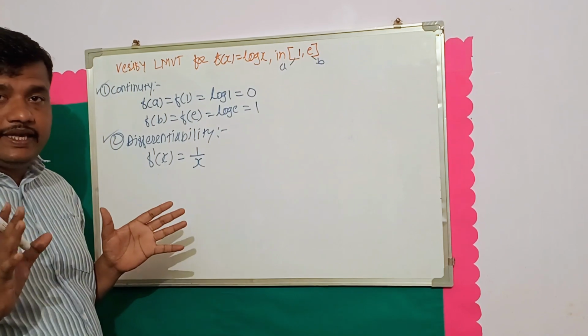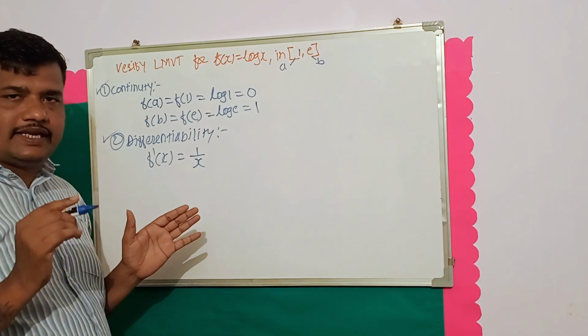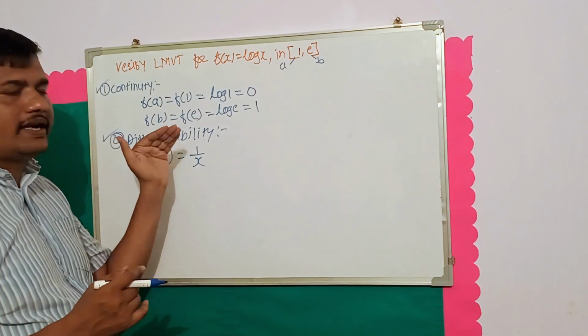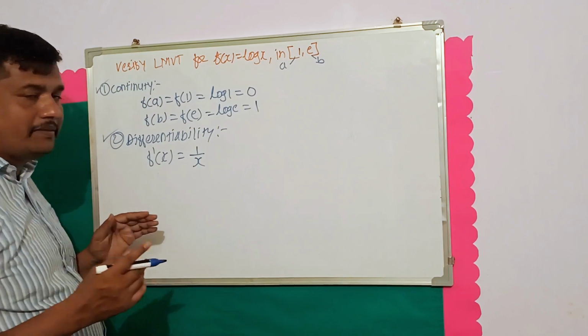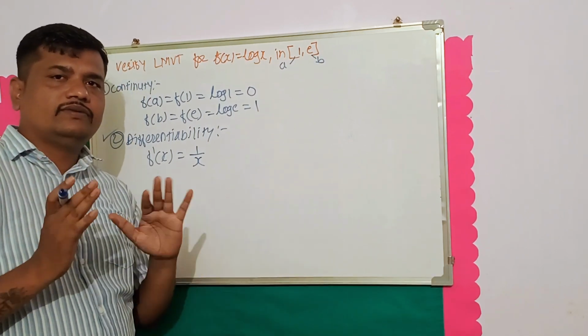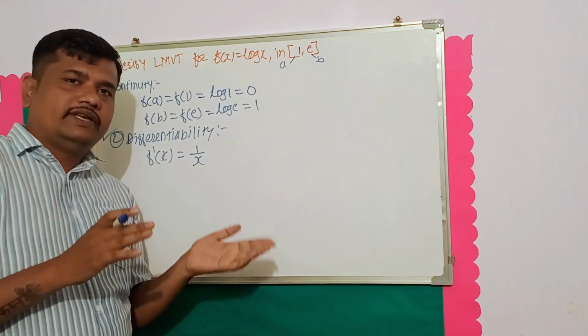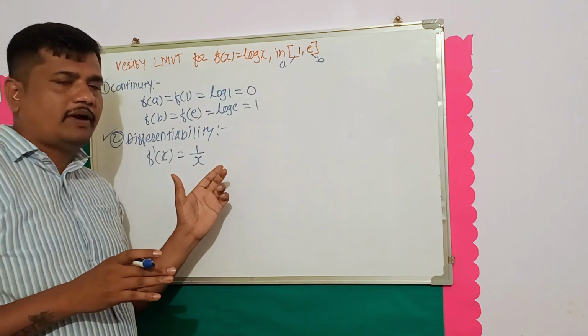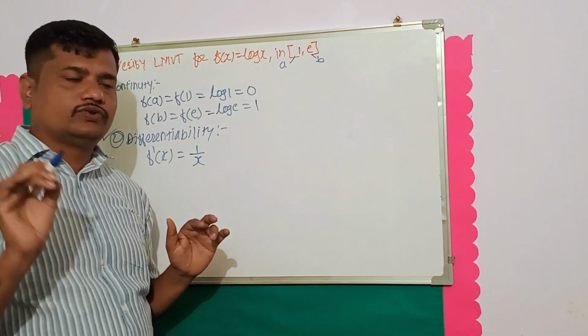In the exam you have to write these statements, that because this is differentiable, and this is continuous, like this. But as we did this in the previous problem, in this problem we are doing the quick solution.